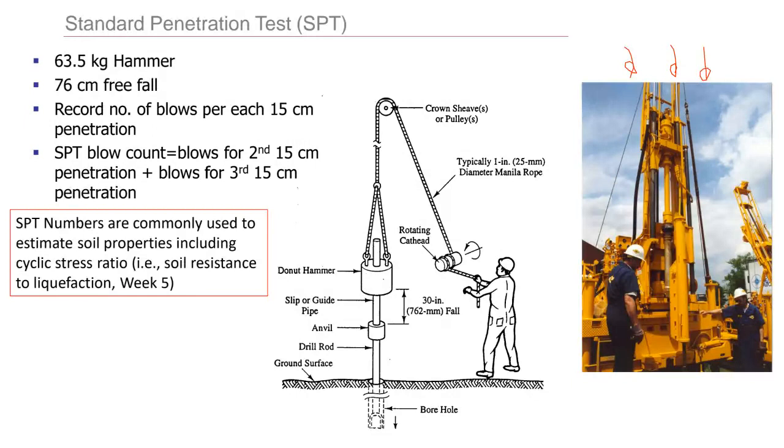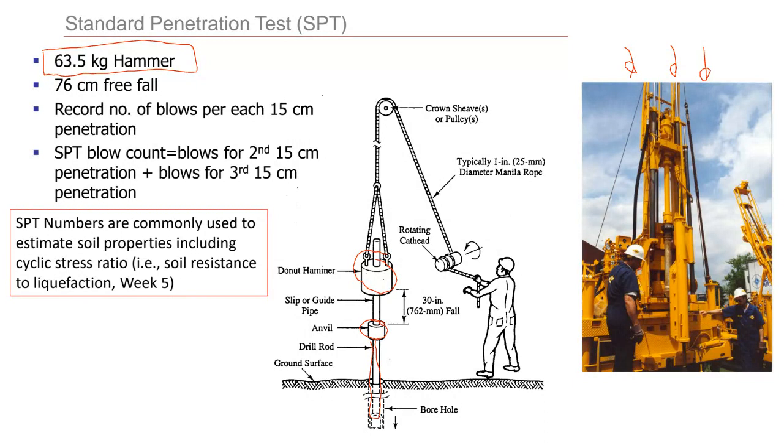So we have a rod that goes inside the ground, and then we have this hammer. The hammer typically has a weight of 63.5 kilos. So you lift the hammer, and then you just let it fall down. The hammer will hit this part of the machine, and then it will drive the rod into the ground. So it will penetrate the ground.